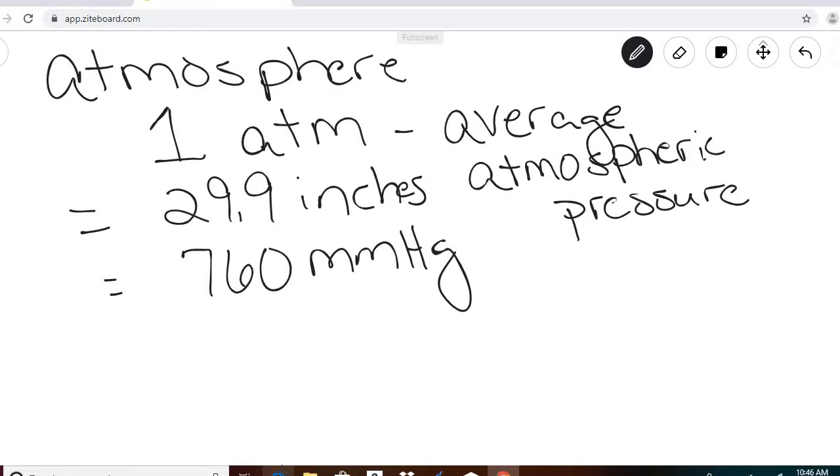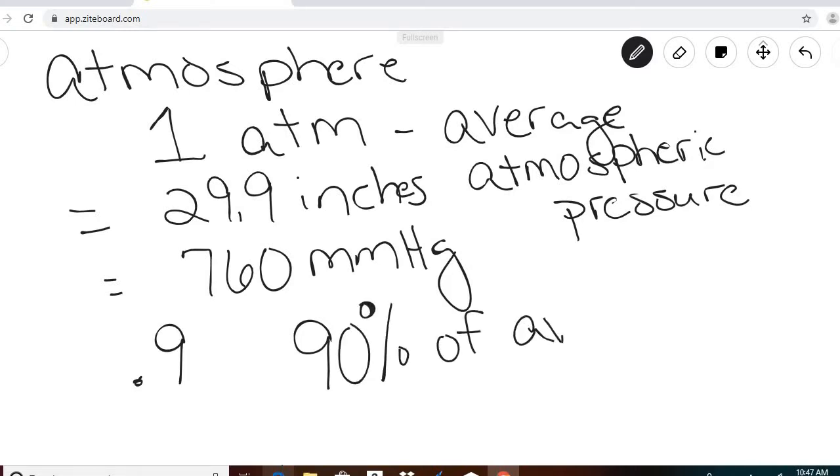So then what we do is report the atmospheric pressure as what part of 1. If the atmospheric pressure is lower than average, instead of being 1, it would be 0.9. In other words, this would be 90% of an average atmospheric pressure, so it's slightly below average.